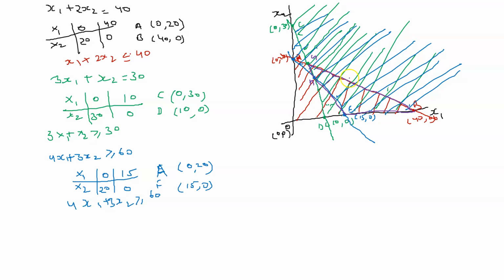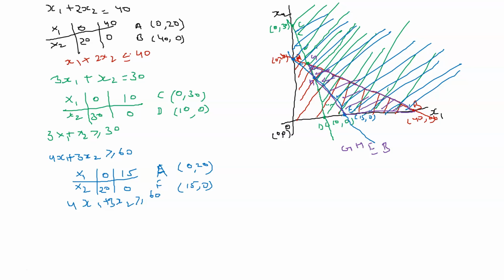We can see that this region, which is surrounded by G, H, E and B, is common, this is the feasible area.